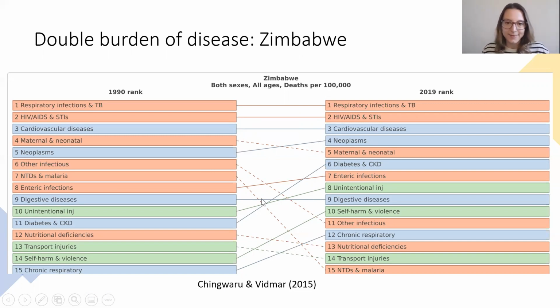So this tells us that over time, many places like Zimbabwe will start to see fewer deaths associated with infectious diseases as they transition through this epidemiologic transition to developing more prevalent cases of chronic diseases compared to infectious diseases.